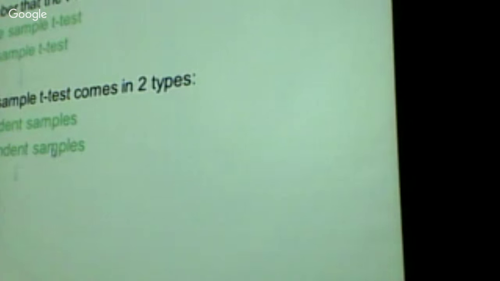Okay, good. So now let's go back to t-tests. So remember that t-tests come in two types. We talked about the one-sample t-test and two-sample t-test. Clear about that. You know, the two-sample t-test comes in two types as well. Dependent sample, independent sample. Independent is when it's different. Dependent is when we're testing the same people twice, or husband and wives, or twins, or anyone with a systematic relationship to each other.